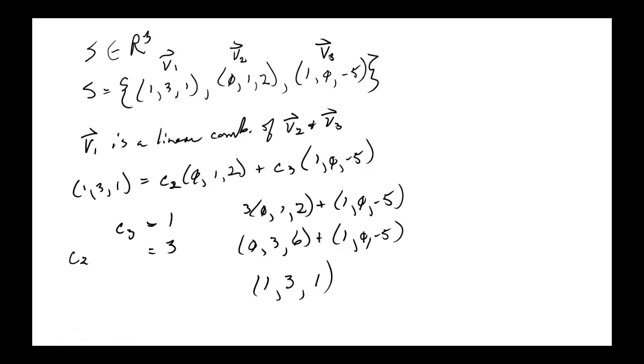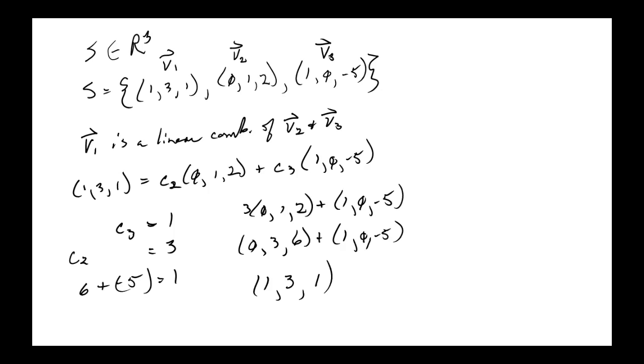Now, I like to do this little check too. Without doing that, here's what else I would have done. It better be true that 2 times C2, that would be 6, plus negative 5 would equal 1, and sure enough that's true too. Because C2 had to be 3, that would be 6.